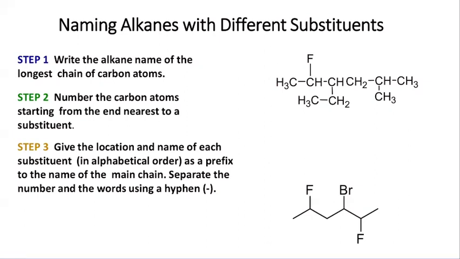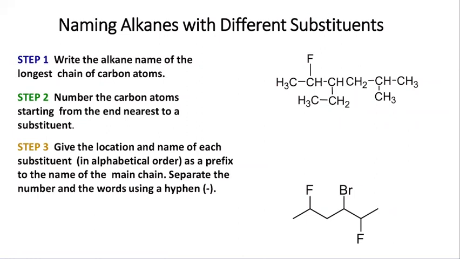So rule number one, we know rule number one. We're going to find the longest carbon chain of atoms. But here, because we're still dealing with alkanes, we're going to write that name. Rule number two, still the same rule that we've been doing throughout. Number the carbon atoms from the end that is nearest to a substituent.